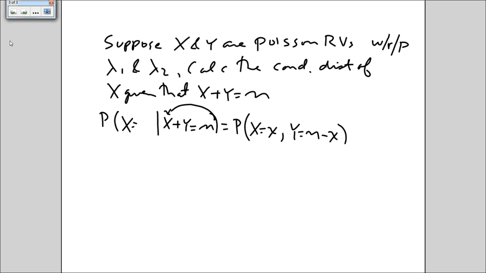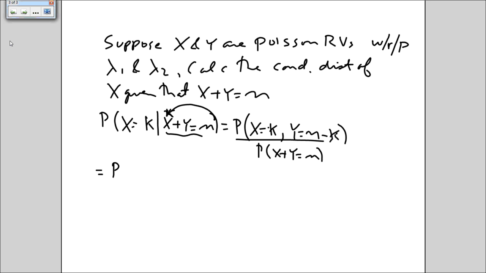I want to use k, so little x is k. So we get k and n minus k, over the probability that x plus y is equal to n.